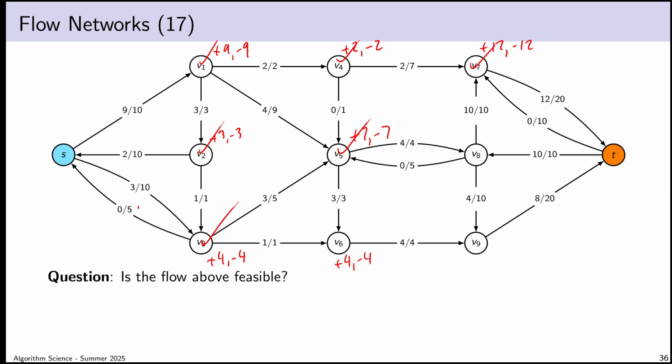So flow is conserved at V7. At V8, there are 4 units coming in and 10 units coming in, so that's a total of 14 units coming in, and I've got 14 units leaving, so flow is conserved at V8. Okay, one more to do. At V9, I can see 8 units coming in and 8 units leaving, so flow is conserved at V9, and that's all I have to check.